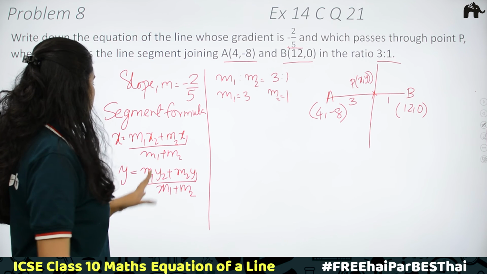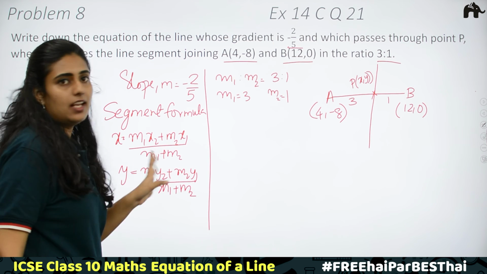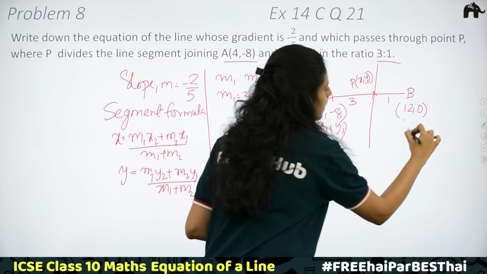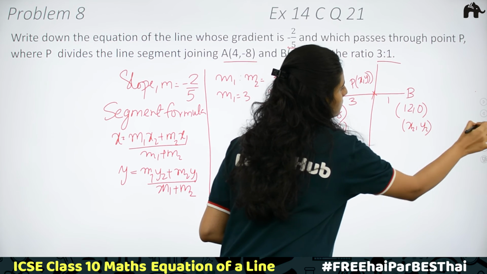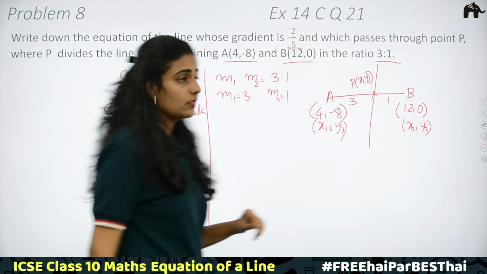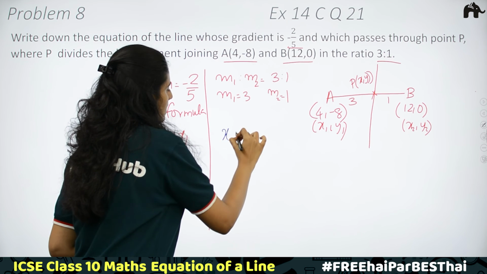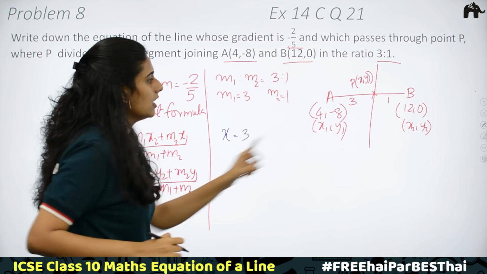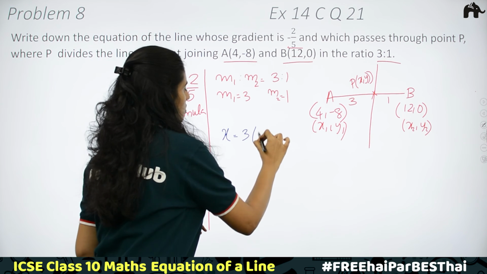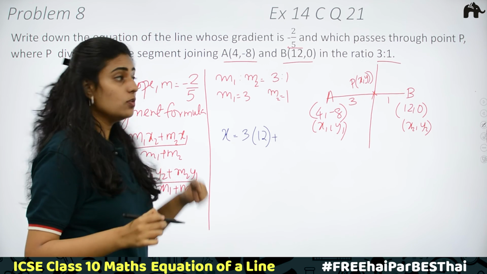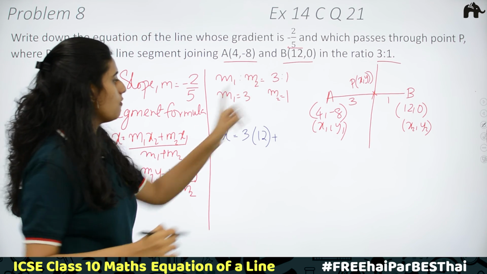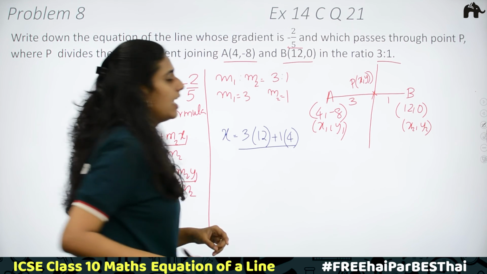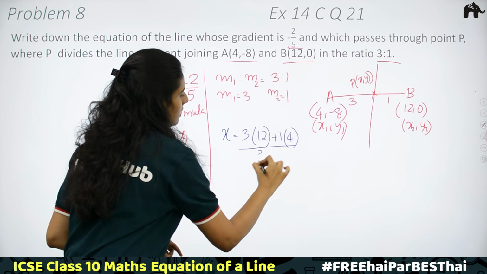What else do we need? We want the values of x1, y1 and x2, y2. Coordinates of A are x1, y1. Coordinates of B are x2, y2. Now just substitute the values to get x. x will be equal to m1 x2, m1 is 3 and x2 is equal to 12, 3 into 12, plus m2 x1, m2 is equal to 1, x1 is equal to 4, divided by m1 plus m2, 3 plus 1.